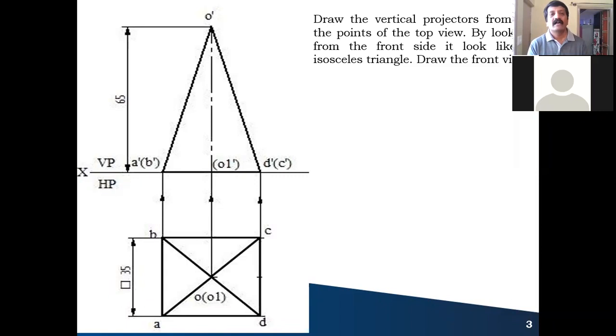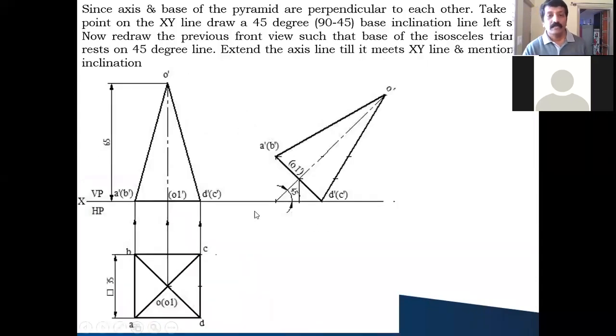I cannot take the axis inclination directly. Instead of that, with this hint, the base and the axis are mutually perpendicular to each other, I can fix the base inclination automatically. The axis inclination I'm going to get. How to do this? Next step. On the same XY line, right side, you take any one point and draw.